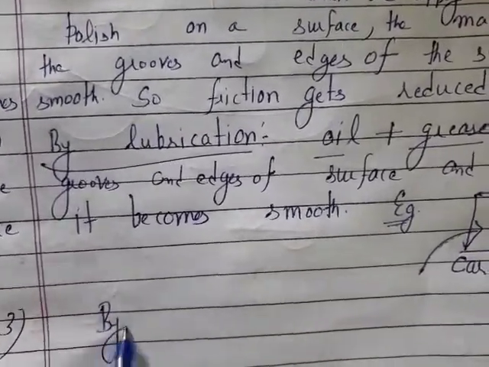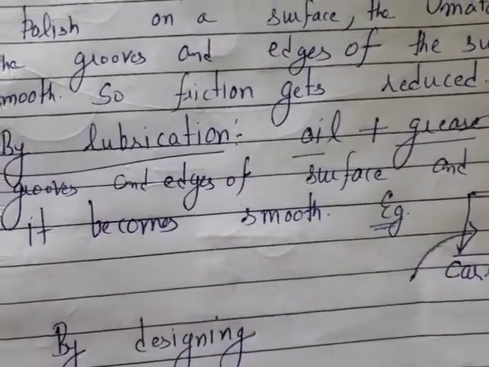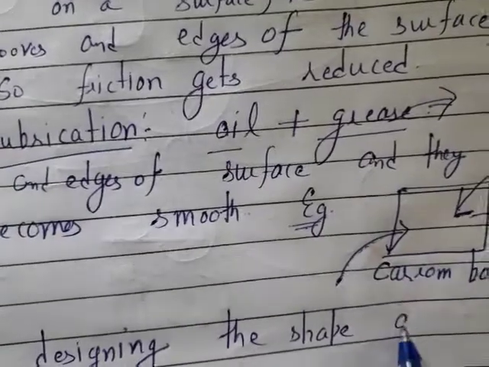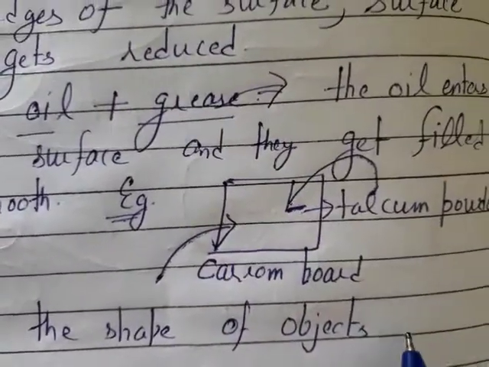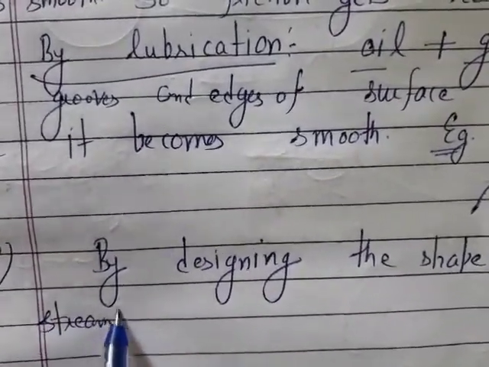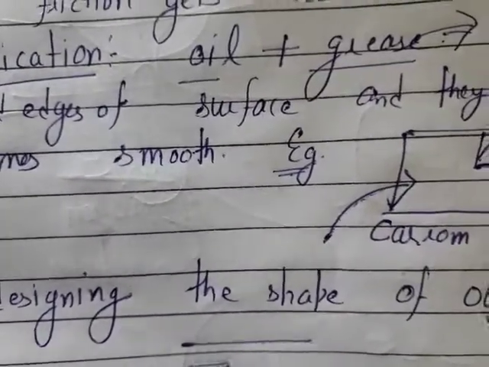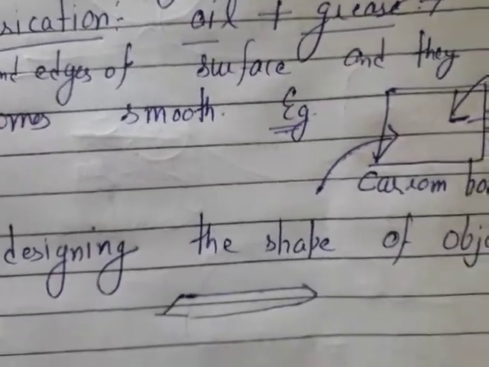The next method is by designing the shape of objects in streamline. What is this streamline? You have seen the aeroplane. It is narrow at the ends.